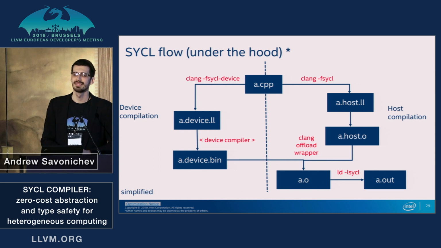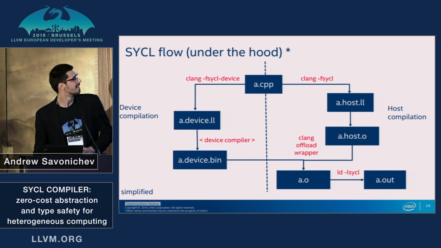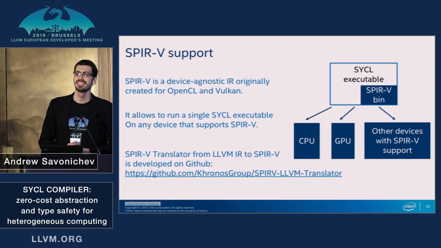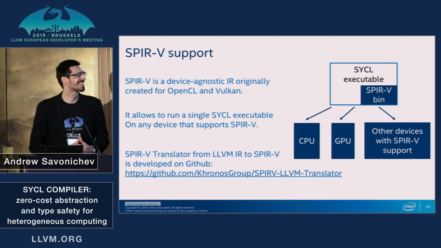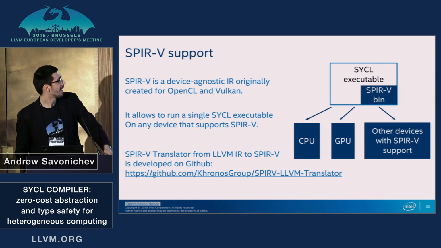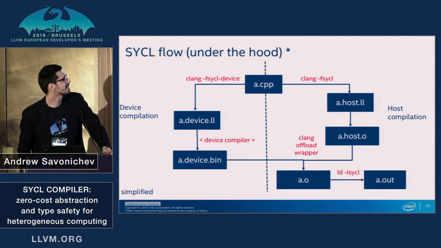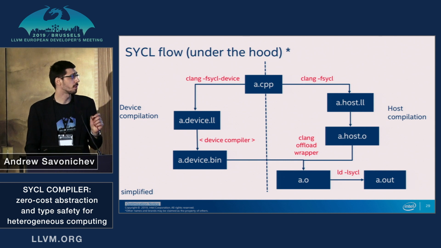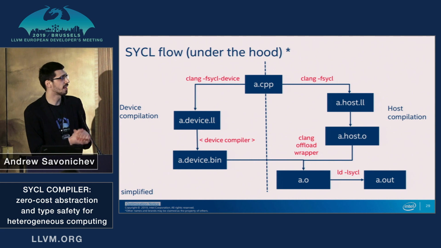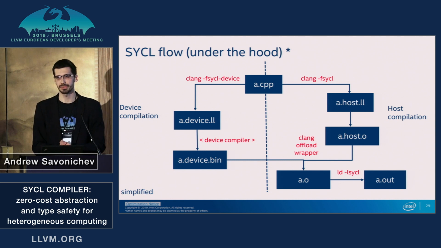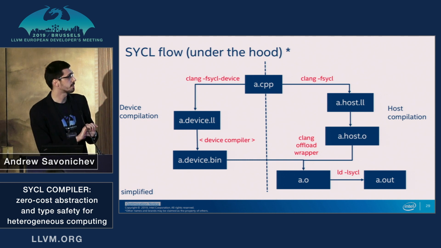Maybe one more question. At some point you said you emit SPIR-V because it's a target independent intermediate representation, right? Yes. From LLVM IR, which is a target dependent intermediate representation. Yes. Okay, that's a good question. I think in this picture I missed one important note. On the left side we have a device compilation, and the triple that we use for device compilation is a SPIR triple. It's not x86, it's not a GPU's triple, it's a SPIR triple.